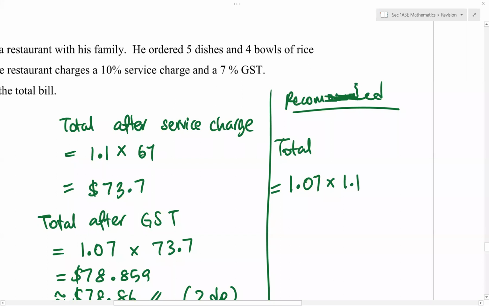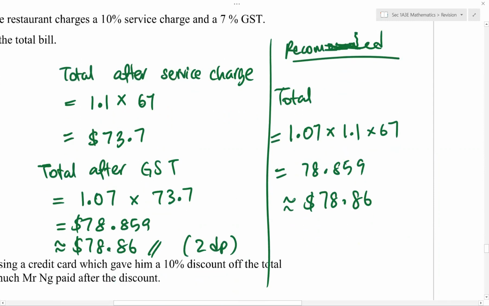So what this means is 107%, the GST included, of the 110%, which is the service charge included, times the original, 67. Press calculator, 1.07, 1.1 times 67. 78.859. Same. 78.86. So when you go out for a meal, if you ever need to verify the calculation, how much do you need to pay? You take 1.07 times 1.1 times the price in the menu. That is the amount to pay.